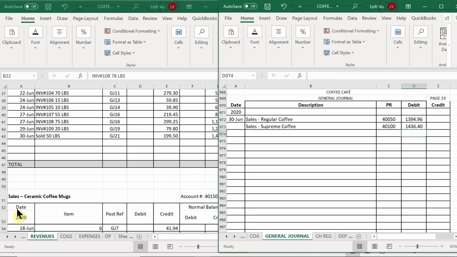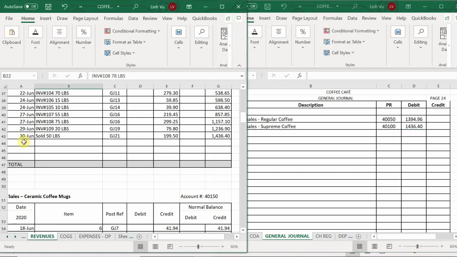Okay, 1436.40. We're going to close this account, General Journal 24, for 1436.40, which should bring my account to 0.